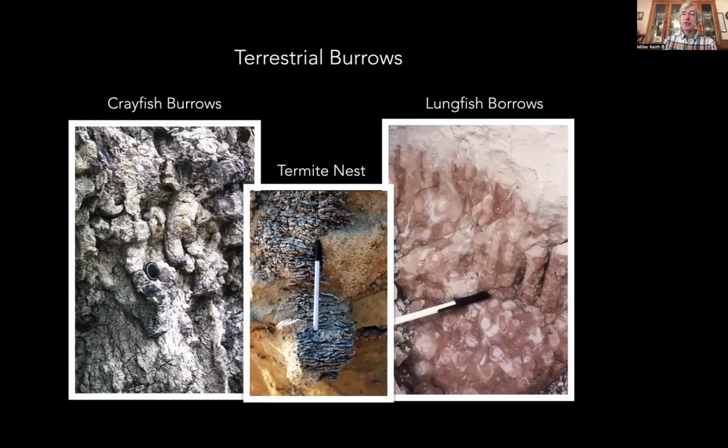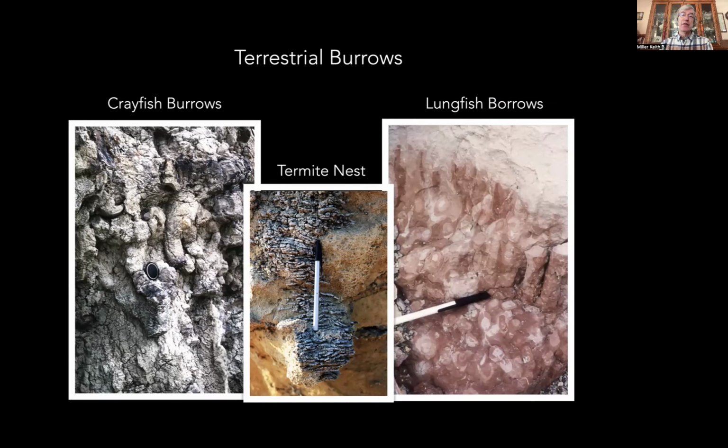And those soils can also contain paleontological evidence of some of the life that lived in those various soils. Here are just a few examples. And these also can have climatic significance. For example, crayfish burrows. These are crayfish that burrow in floodplain, river floodplain sediments.